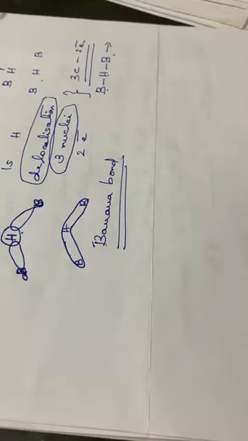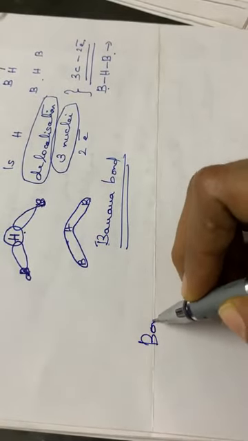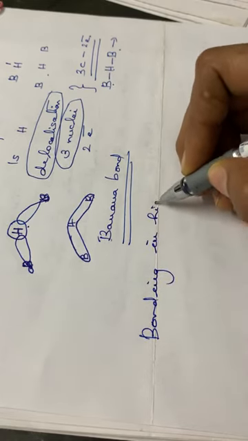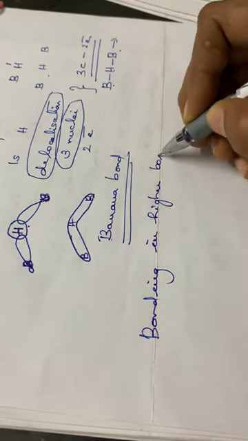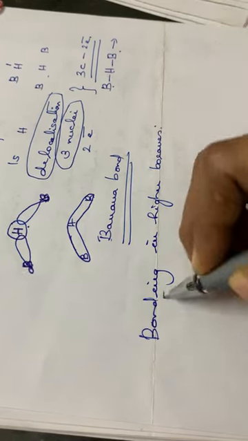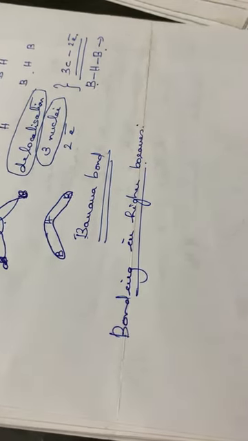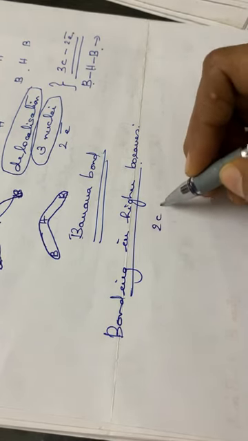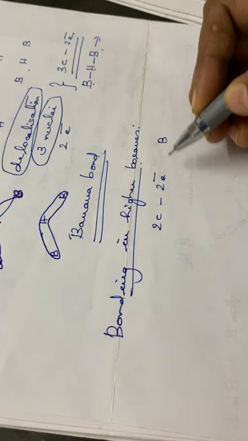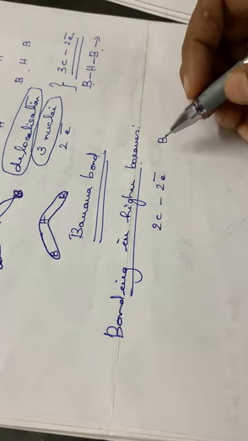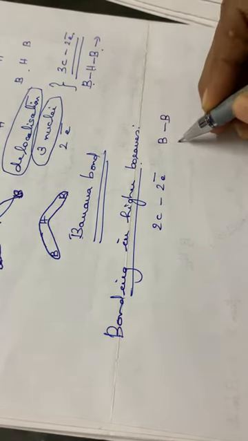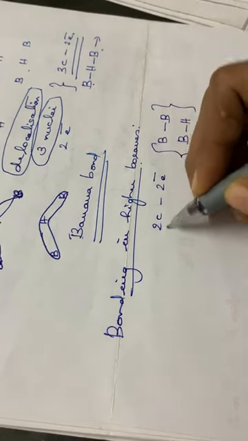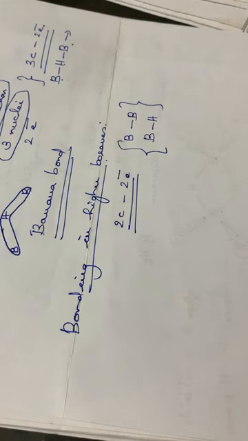Then the next is bonding in higher boranes. Normally these boranes will have 2 center 2 electron bonds. That is, they can be BB bonds or BH bonds. So BB bonds and BH bonds contribute to the 2 center 2 electron bonds.